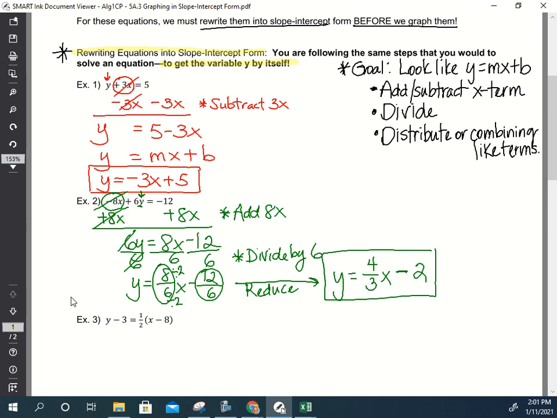Any questions before we work example 3? Not hearing any, not seeing any.